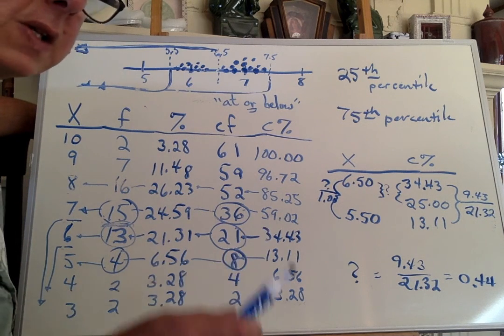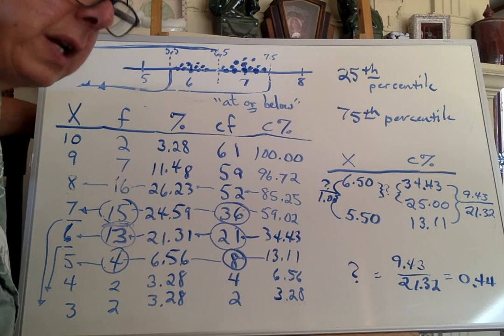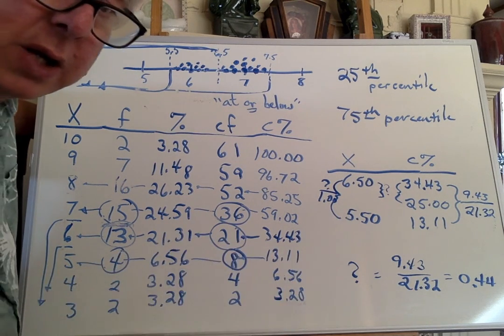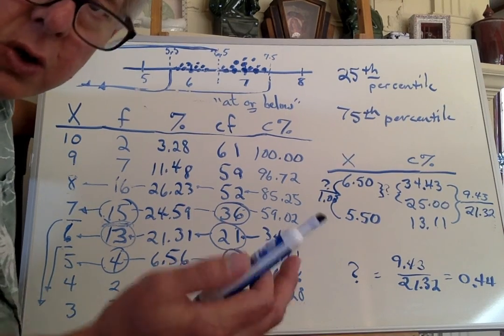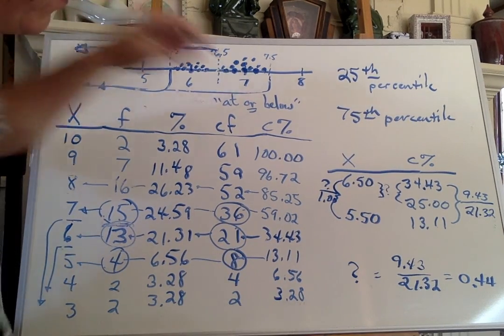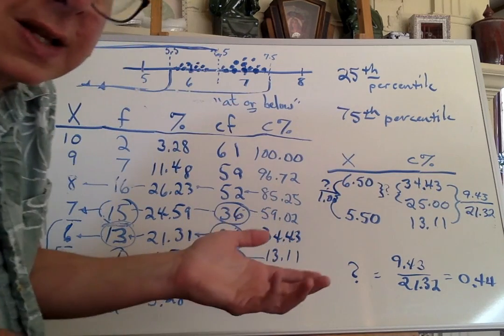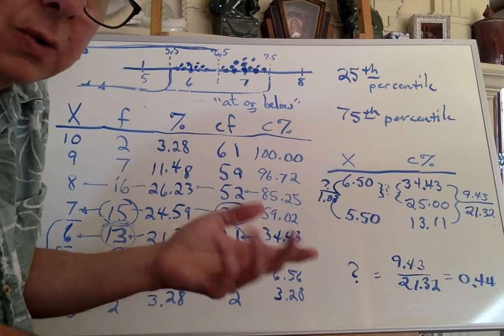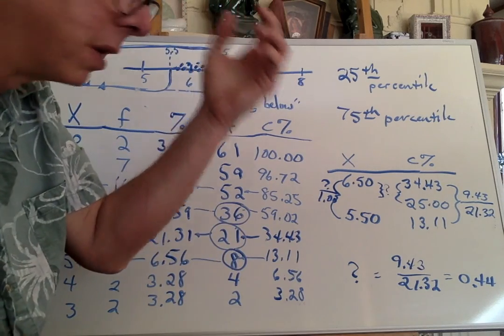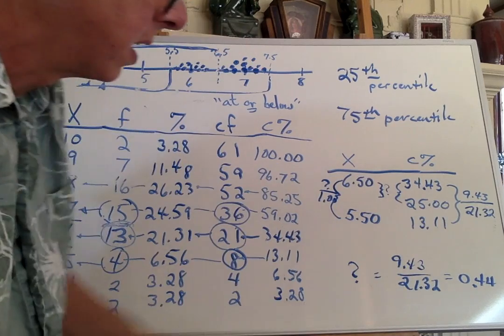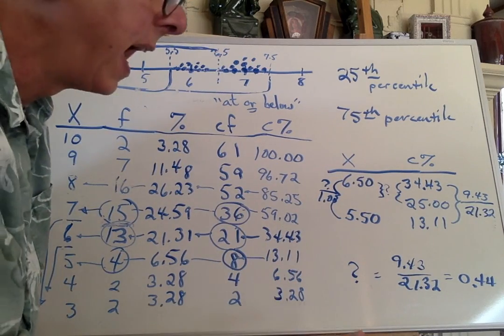And I always ask my students, when you get an answer, see if it makes sense to you. And I don't want to hear people saying, oh, how do I know if it makes sense? Listen, use your good brain, okay? If this was 10 over 20, you would know that that's half. So don't give up that information. This is 9.5 over 21 something. It's going to be a little under a half.